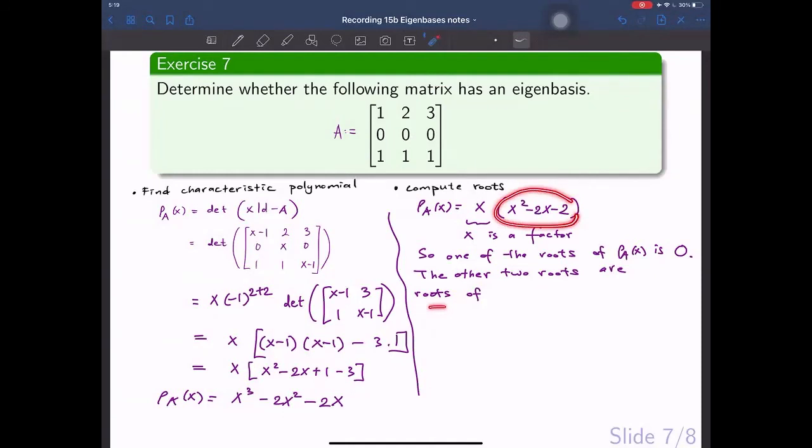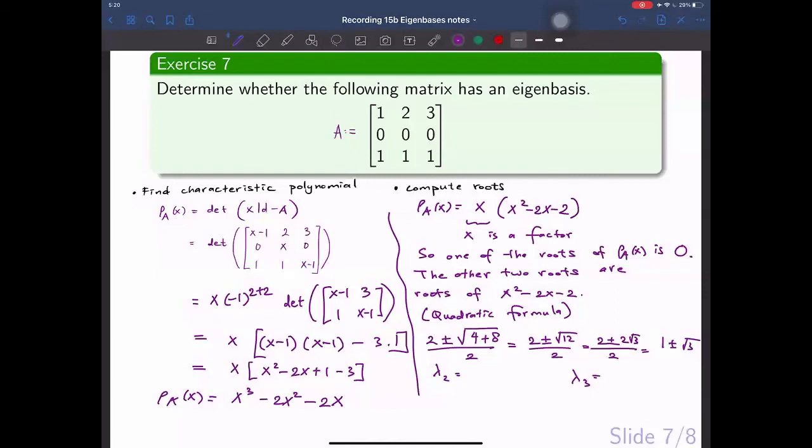I don't see a quick way to do factorization here, so I can use the quadratic formula or complete the square. I have the negative of -2 plus or minus the square root of 4 plus 8, divided by 2.